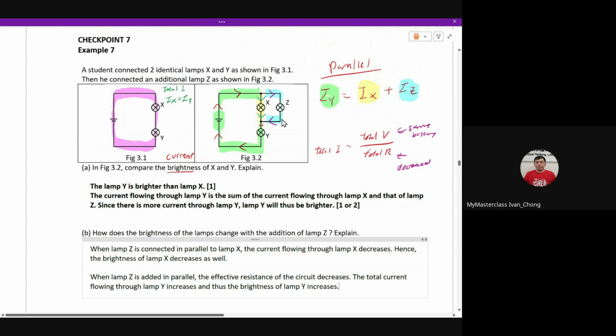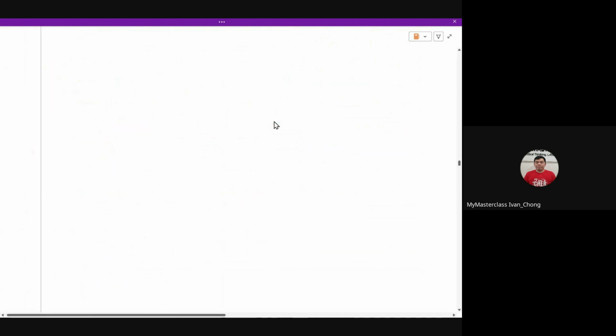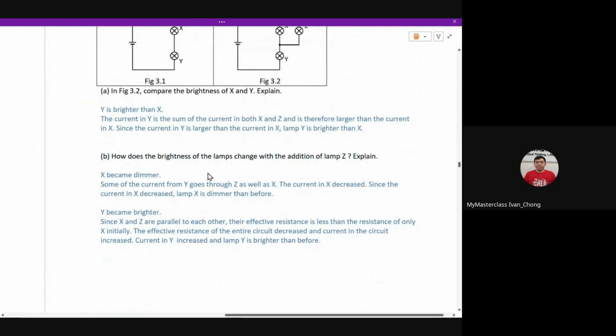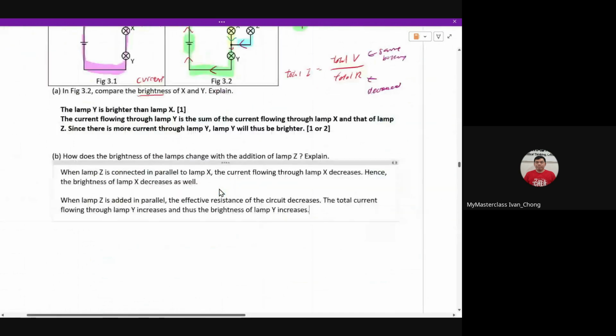So even though the total current, the green one, is bigger, so that's why Y is brighter, don't forget that it also divides by 2, to give you your yellow and your blue current. So the yellow current is just half of your new total current. Because of that, the current flowing through X will decrease, so brightness will also decrease. So you can see over here that current decrease is the same thing.